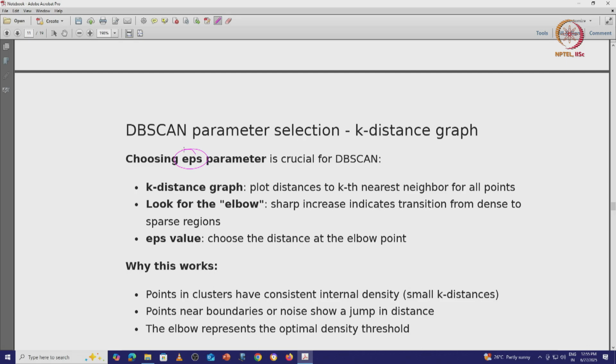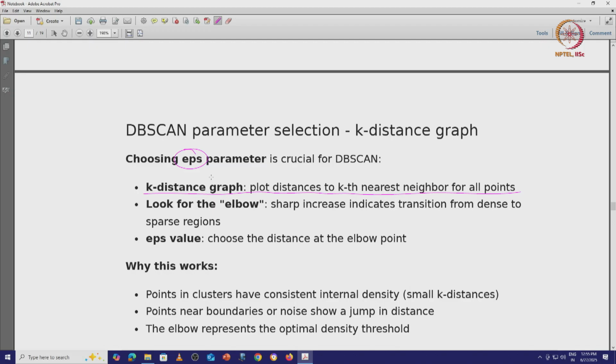So how do we choose it? What could be done is you can look at a k distance graph which plots the distances to the kth nearest neighbor for all the points, and then this will tell you somehow how the distances are distributed, right? So what's the distance up to which all points get into one cluster versus for smaller distances only fewer points will be there, and this will tell you what's the right distance beyond which you lose the structural information.